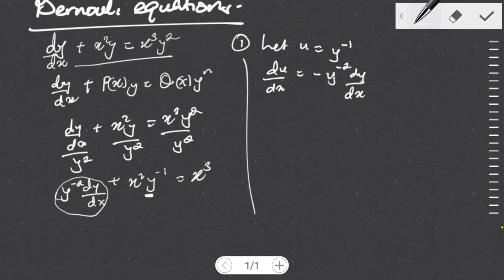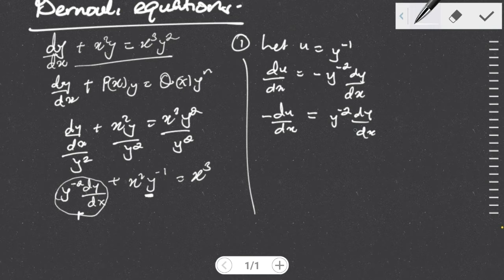Now we make this the subject, so negative du/dx equals y to power -2 dy/dx.